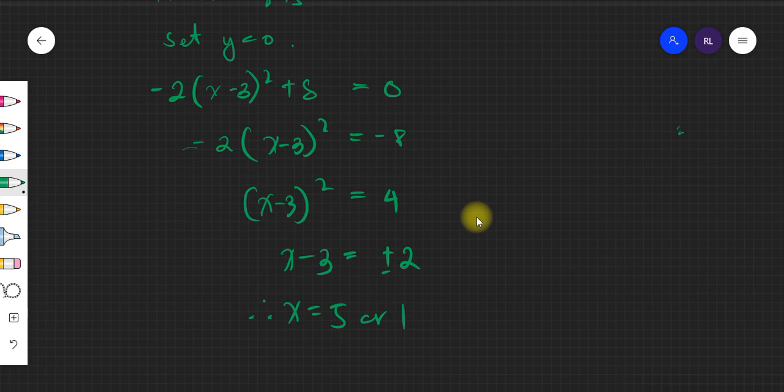So meaning the graph will pass through these points.